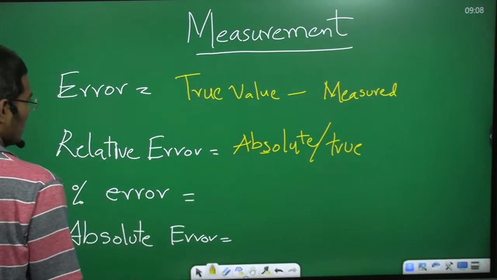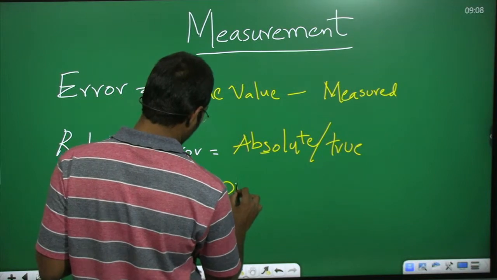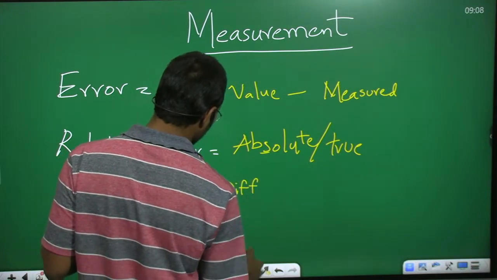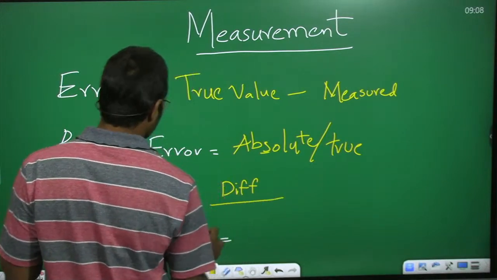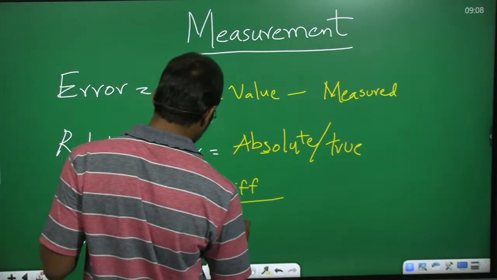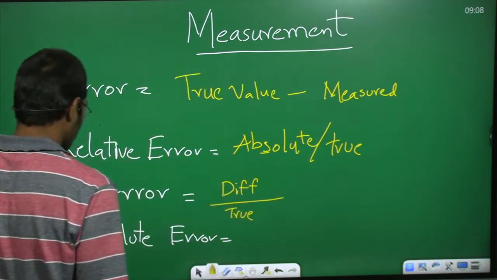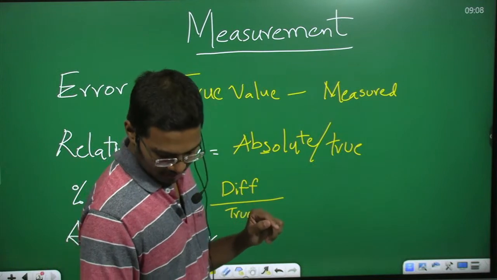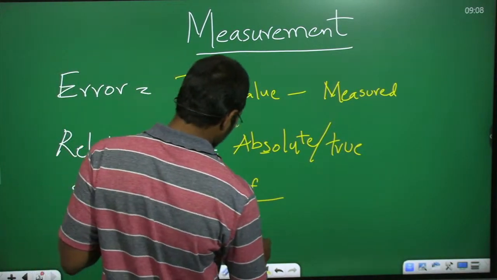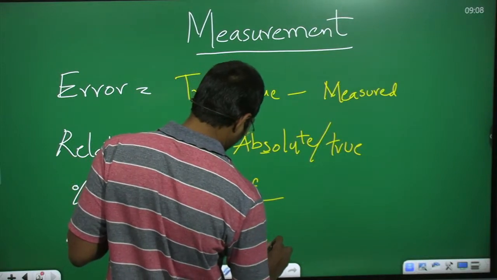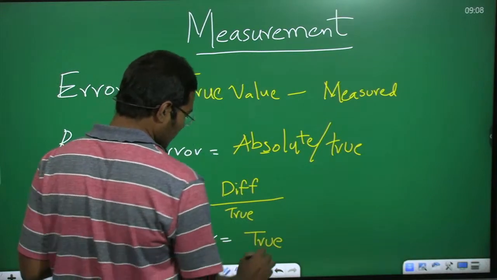So what is percentage error? The difference by, what is the difference? True value minus measured value by true value. So what is absolute error? It is nothing but true value into relative error.